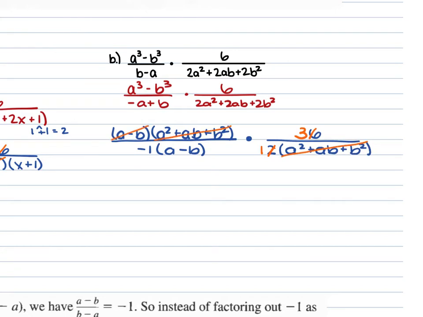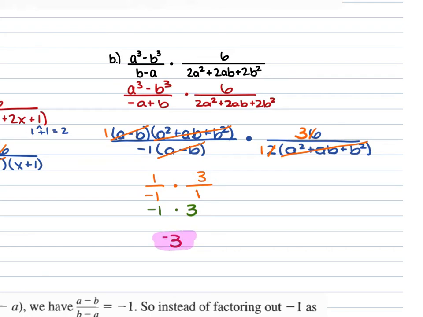Your a minus b on the first fraction cancels out with the a minus b below it. So that's just 1 over negative 1 times 3 over 1. The negative 1 with the first fraction gives you a negative 1. The 3 over 1 is 3. So negative 1 times 3 is just negative 3.